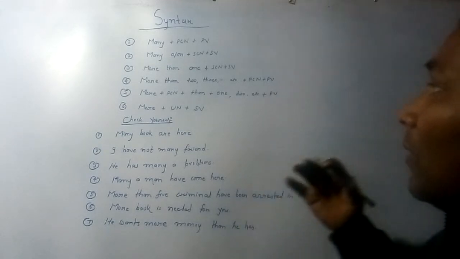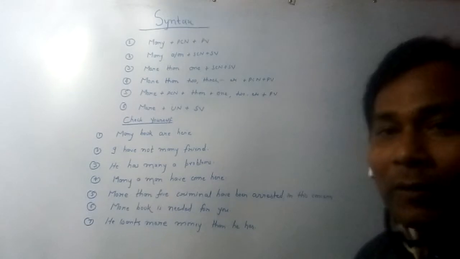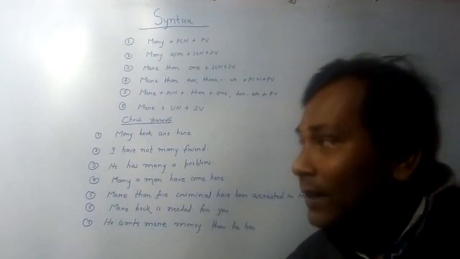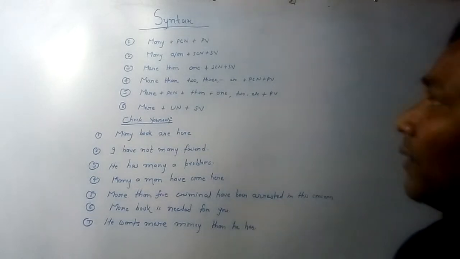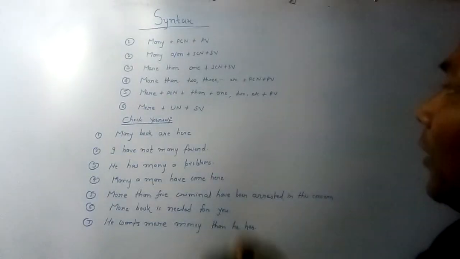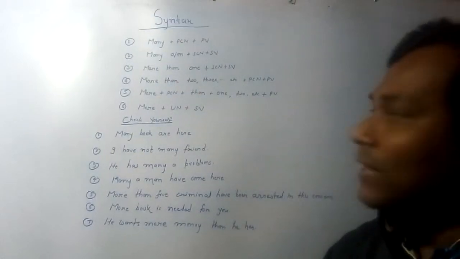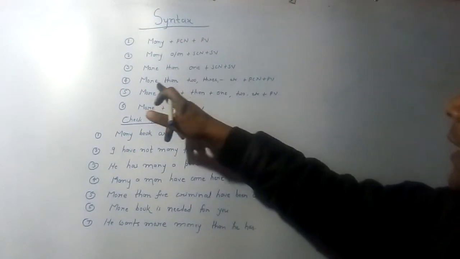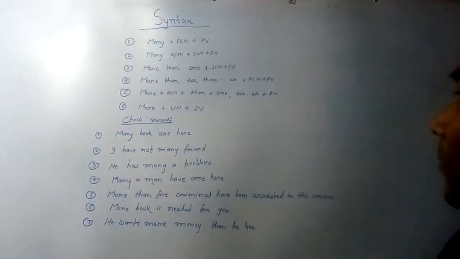Okay. Now let us see the next structure. More than one plus singular countable noun plus singular verb. Okay. In this case, try to understand at first. You can observe this structure: more than one plus singular countable noun plus singular verb.